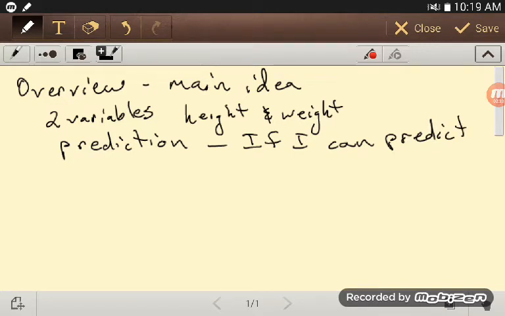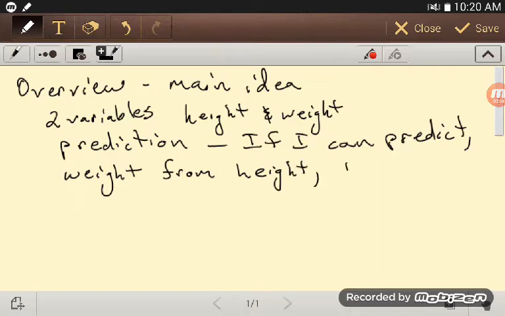If I know something about height, if that helps me with a person's weight, or vice versa, then I'm saying I can use it to help me predict. Now, I may not be great at predicting, but somehow I can use it. So if I can predict, say, weight from height, then what I say is there is a dependency.